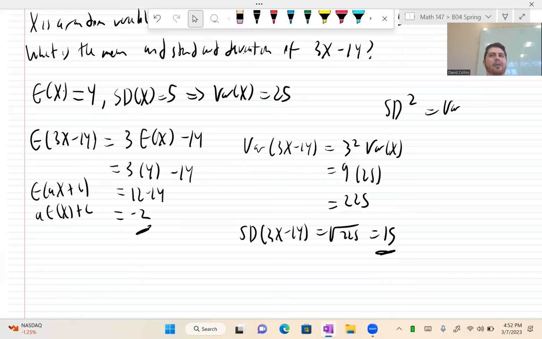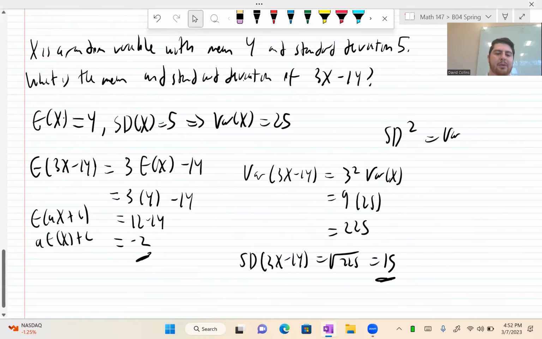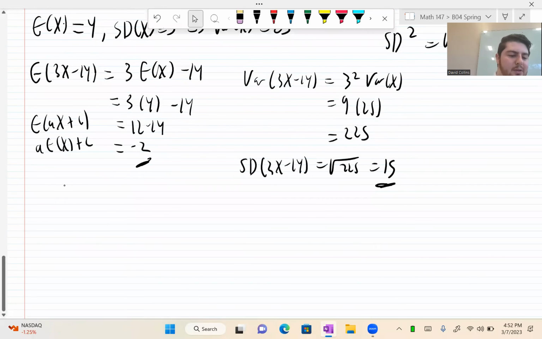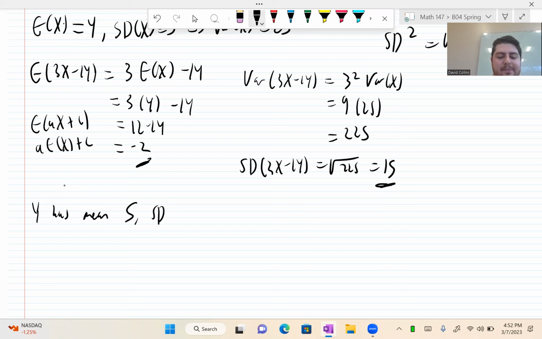Everyone see this? Any questions on this example? Okay. I'm going to give you guys another one. You guys are going to do it real quick. Y has mean 5, standard deviation 10.